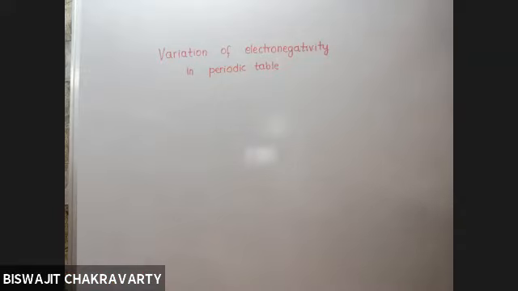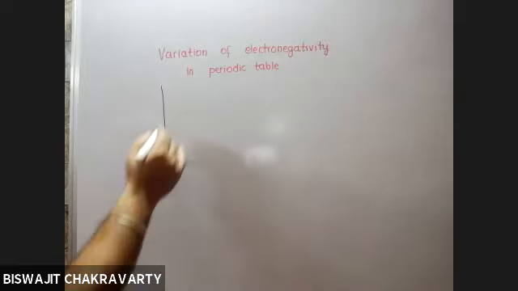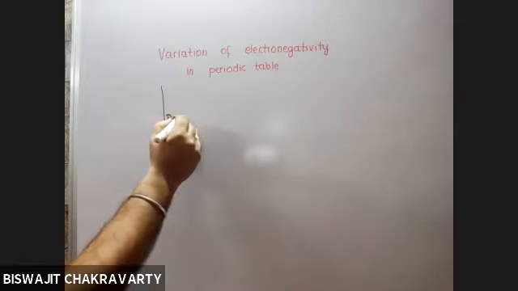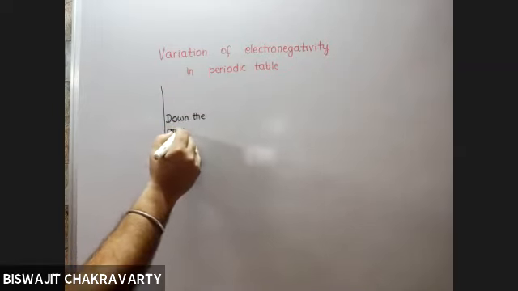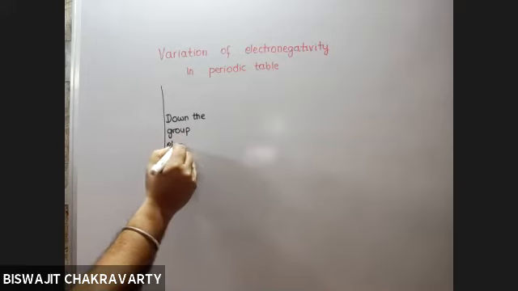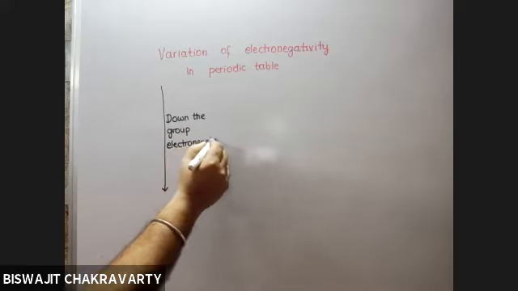As electronegativity depends upon the atomic size mainly, as well as the nuclear charge, we can simply say, as we go down the group, what will happen to electronegativity?